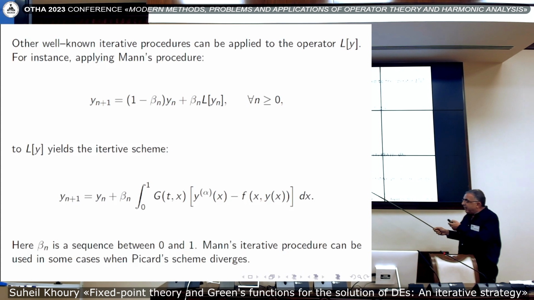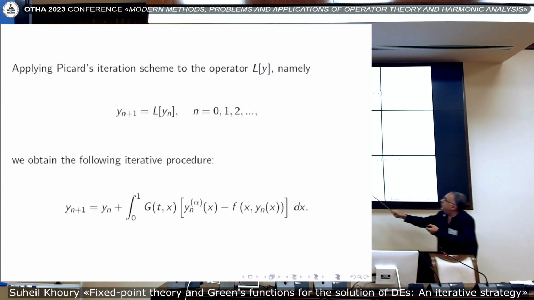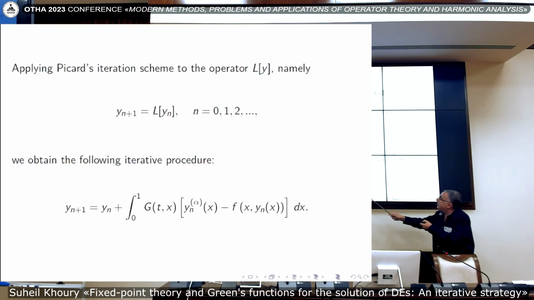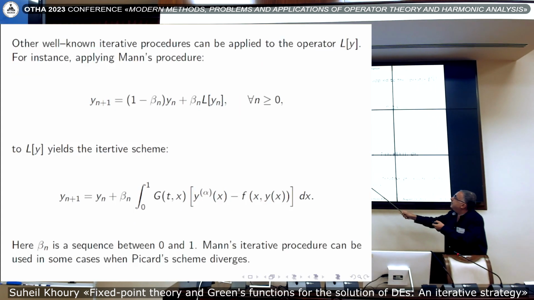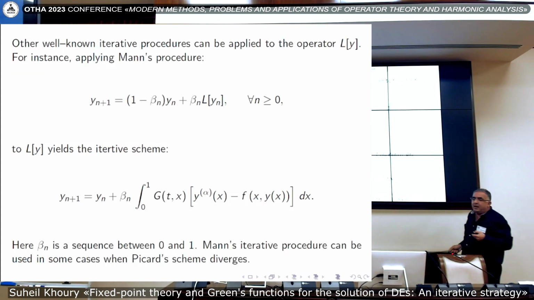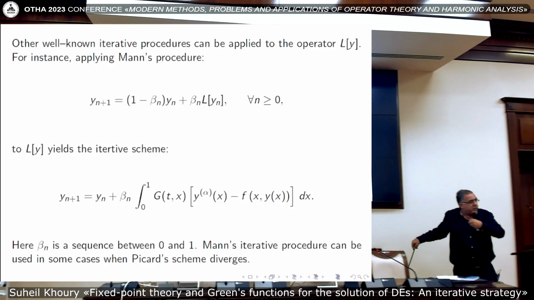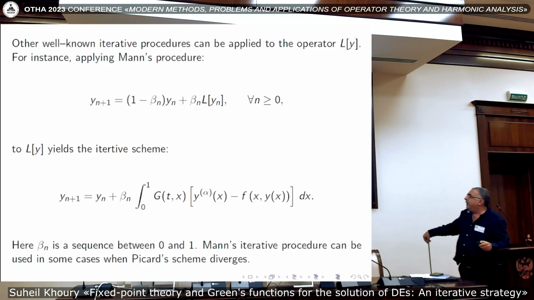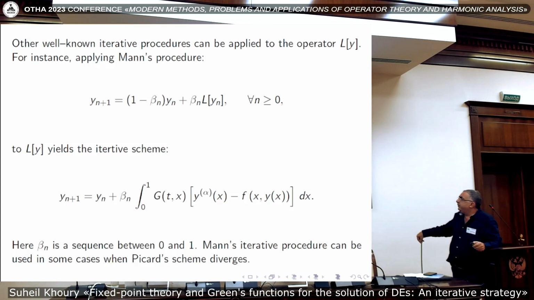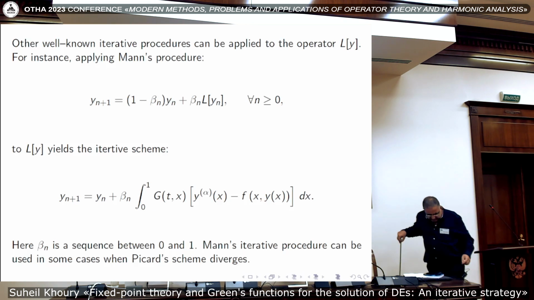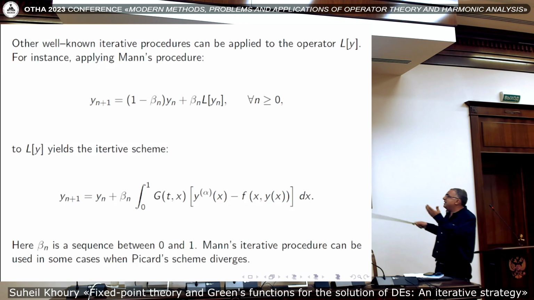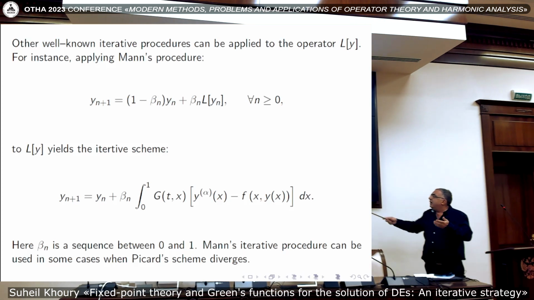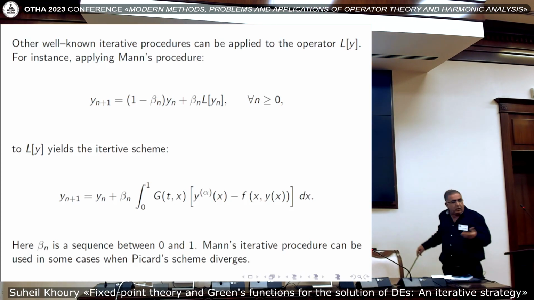It's the same as Picard, look at it, the same, but you have this sequence coming out outside the integral. You see? Only this one. By the way, if beta n is 1, it reduces to Picard's iteration.